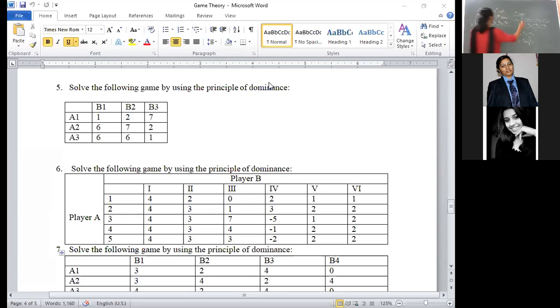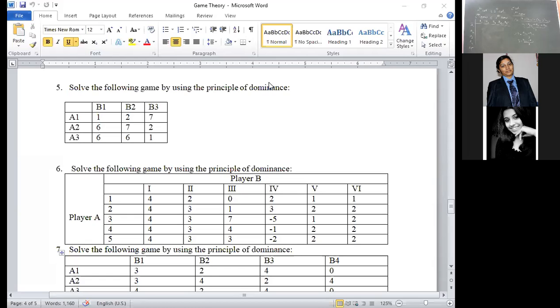That means the rth column gets eliminated. This is the rule of principle of dominance. Again, whenever you compare two rows, the lesser row gets eliminated. Whenever you compare two columns, the greater column gets eliminated.